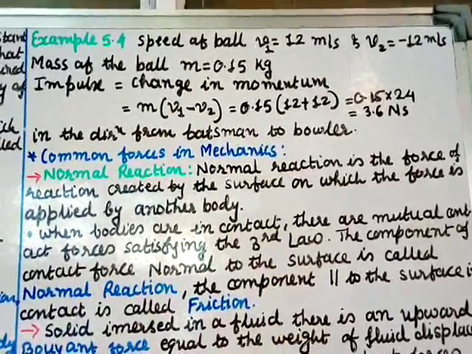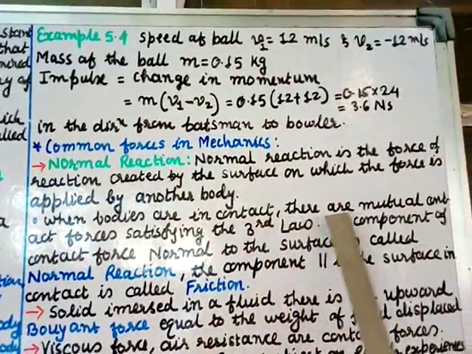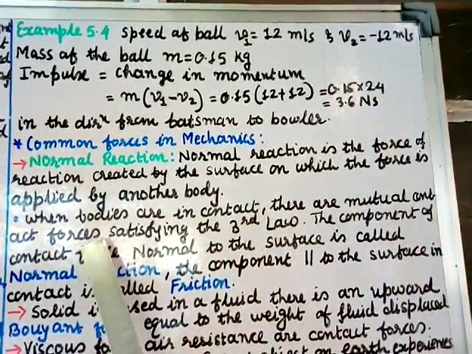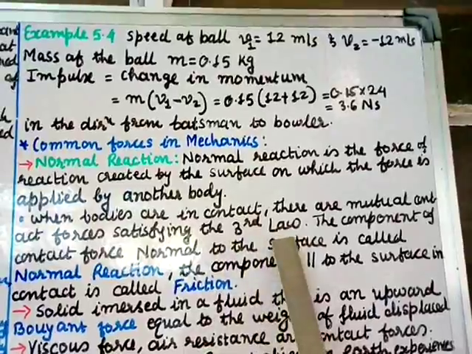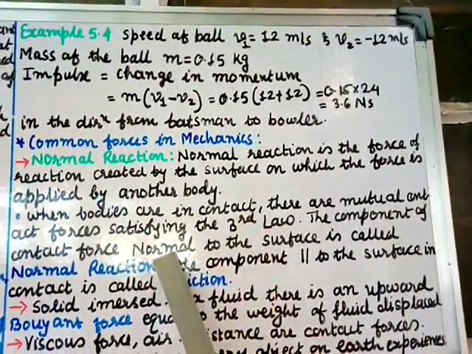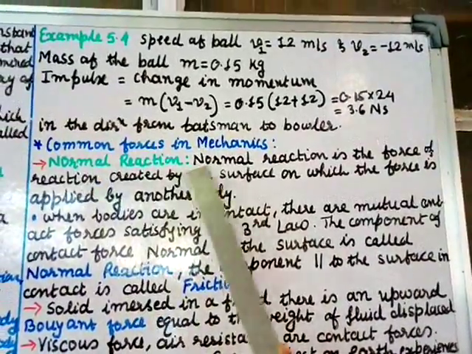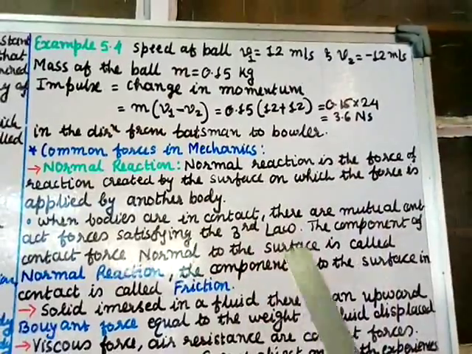We can define this in another way, which I have defined here. When bodies are in contact, there are mutual contact forces satisfying the third law. The component of contact force normal, meaning perpendicular to the surface, is called the normal reaction. Okay, the same definition we have written in the contact force.